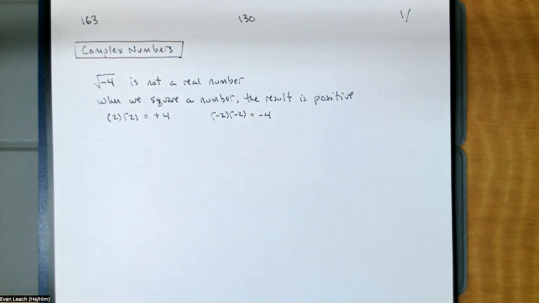Squaring a number means multiplying two copies of the number, and the two copies have the same sign.